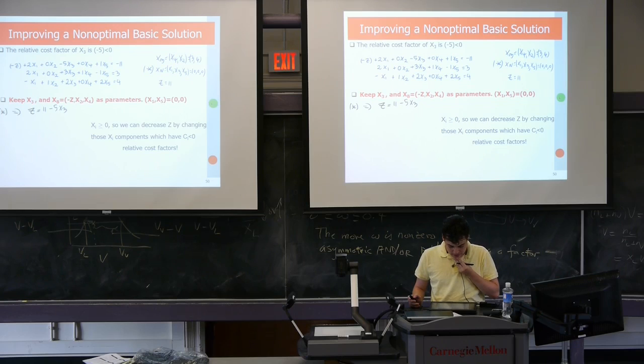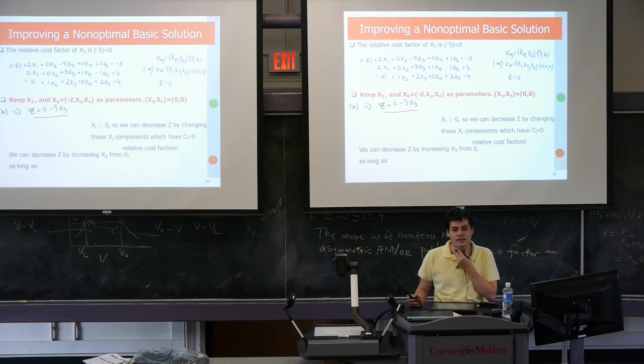So its original value was 11. But if we increase x3, then the value of z will decrease, right? So z is defined by this equation, 11 minus 5 x3. So if I increase x3 from 0 to a bigger value, then the value of z will be smaller.